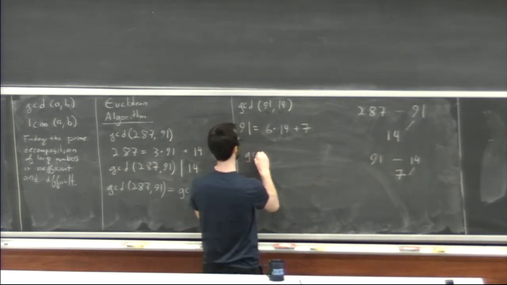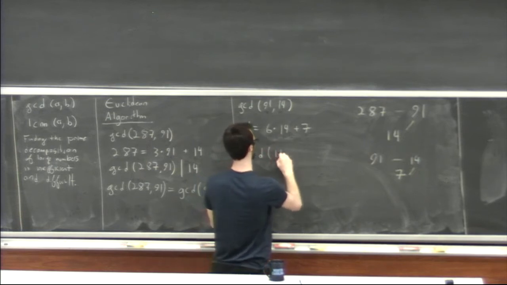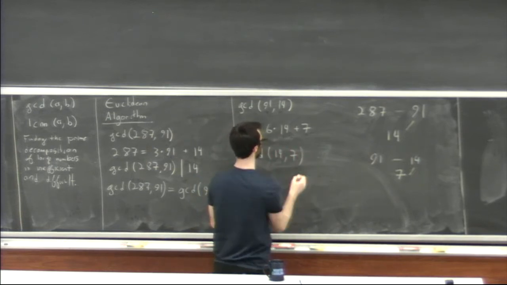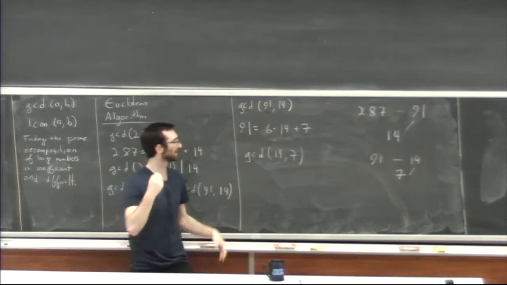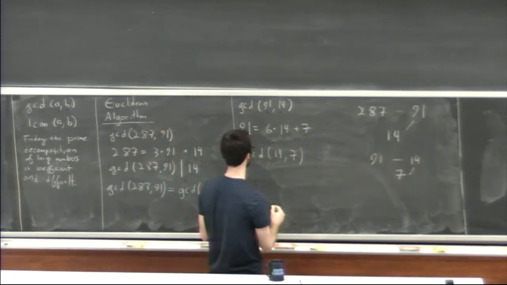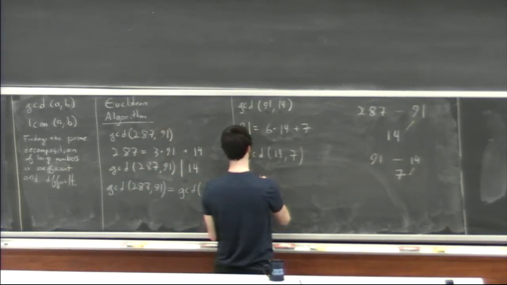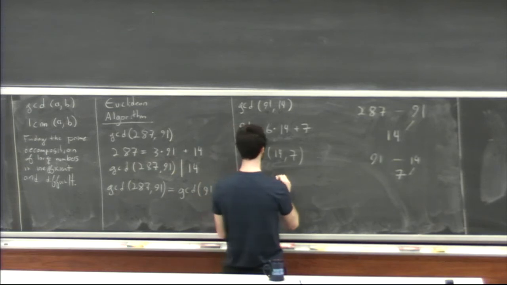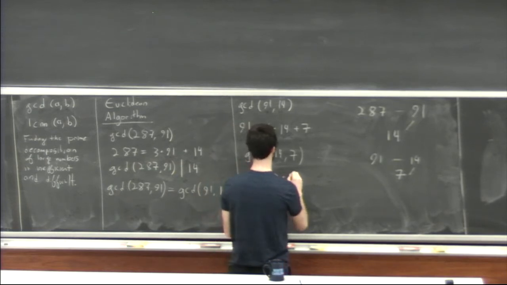I look at the GCD of 14 and 7. And once again, I try to divide 14 by 7. And it turns out this time I can do it on the nose. So now 14 is equal to 2 times 7.